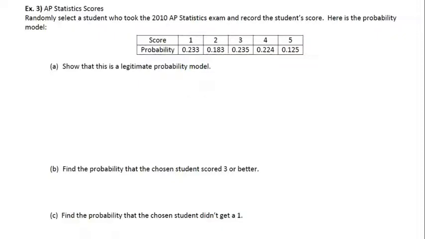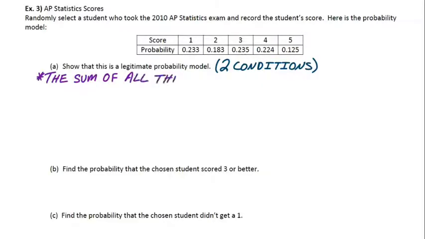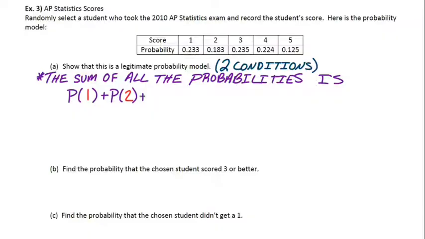So there's two conditions that we're going to check here. One is that whatever these values are that they gave us, the probabilities should add up to 1. So you can only get a 1 through 5 on the AP exam, so all these individual probabilities should add up to 1. So that's what we have to check first. So the sum of all the probabilities for the AP exam, you can get a 1, a 2, a 3, a 4, or a 5.